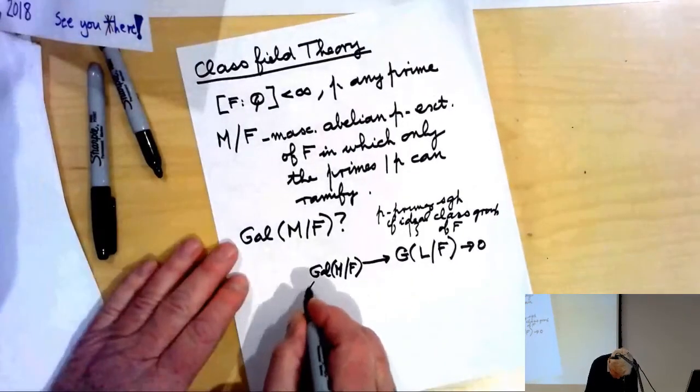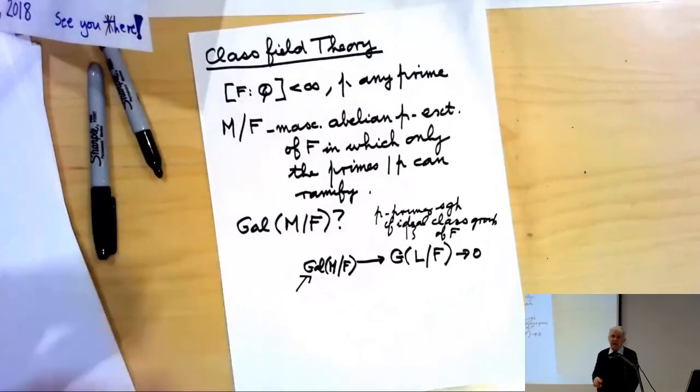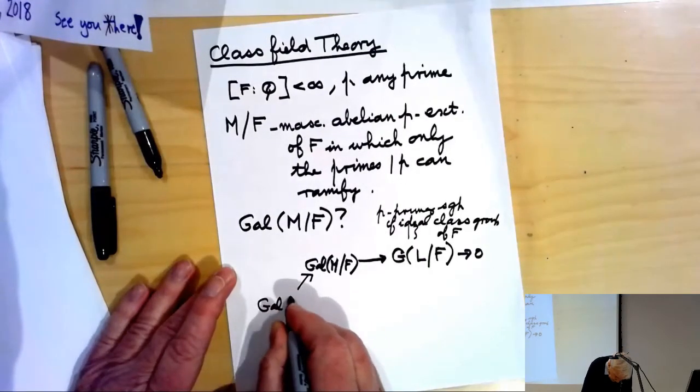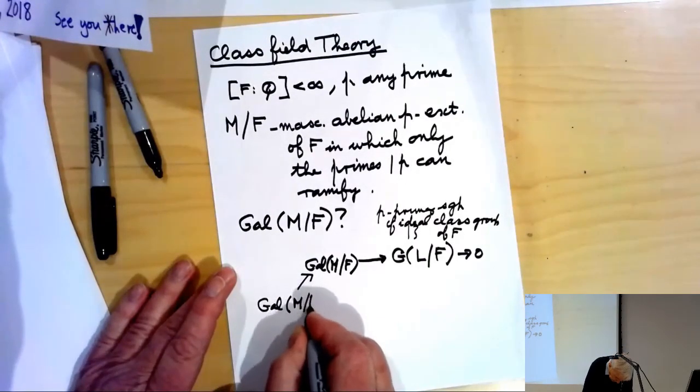Now what's the kernel here? Well, the kernel here is the Galois group of M over L.